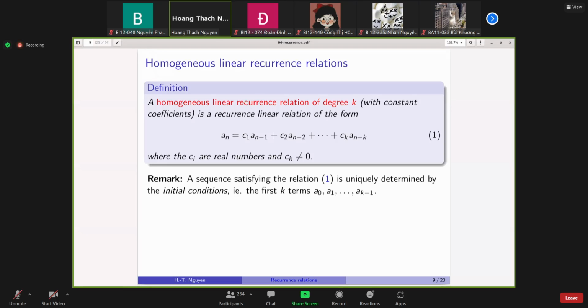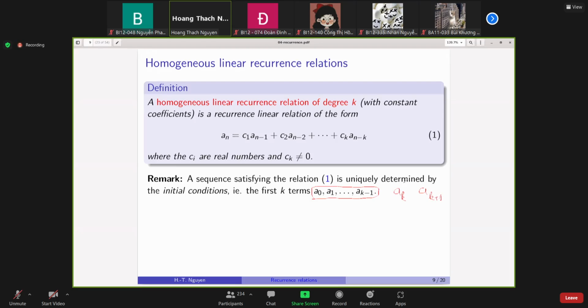Here, for example, if you fix the first k terms of the sequence, if you fix these values, then because of this relation, the value of a_k is uniquely determined. And once you know a_k, the value of a_{k+1} is also uniquely determined because a_{k+1} is a function of a_1 to a_k, and so on.